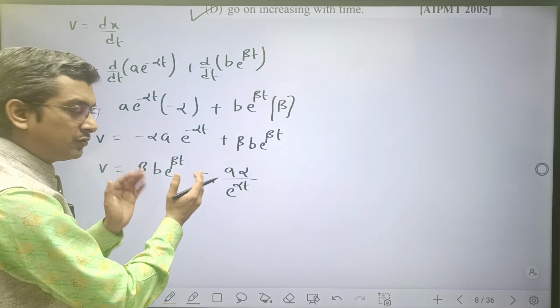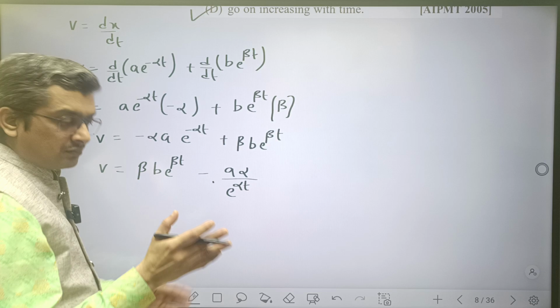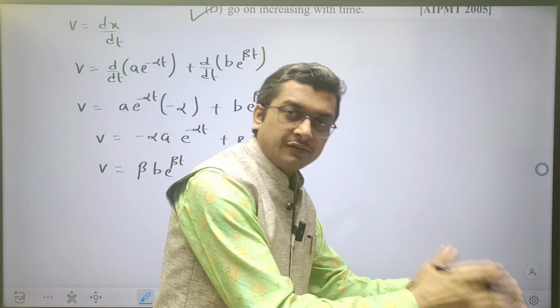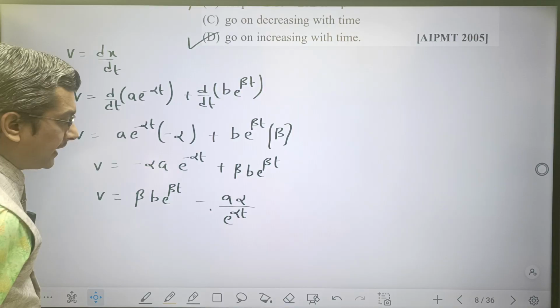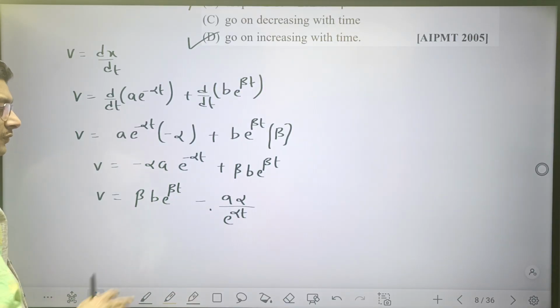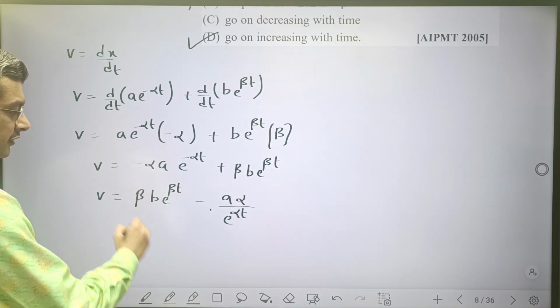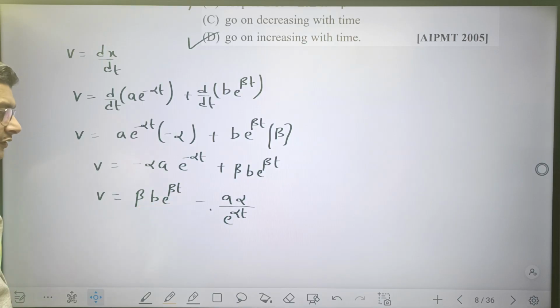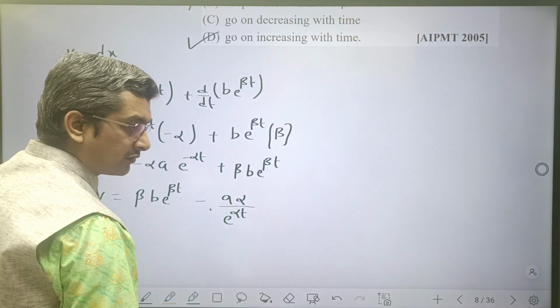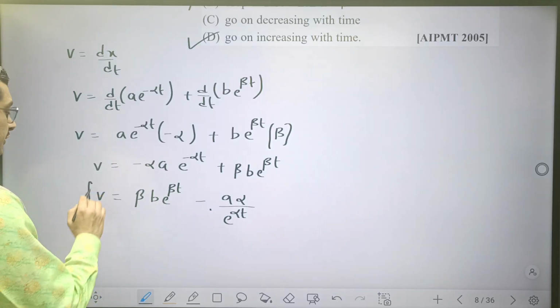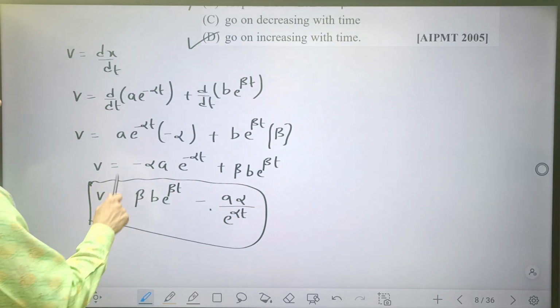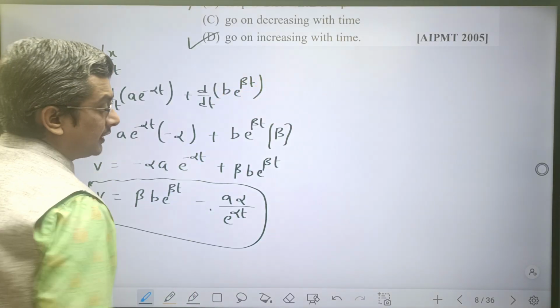So the difference between the two, which is given by velocity, must become lesser, isn't it? So the last option must be right, that if time increases then the value of this term increases and the value of the second term decreases, so the difference between the two must increase, isn't it? So it is velocity go on increasing with time.